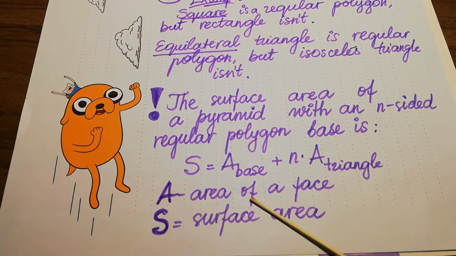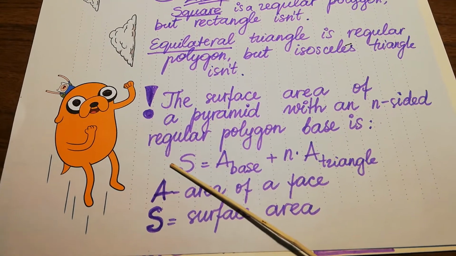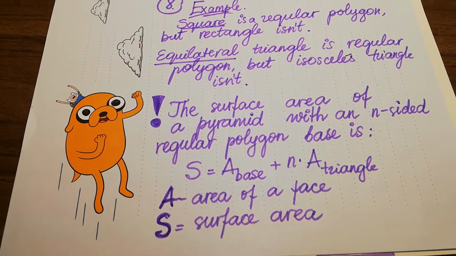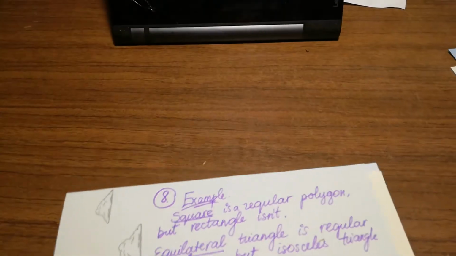So the area of one face is A, and the surface area is the whole area of the whole pyramid.